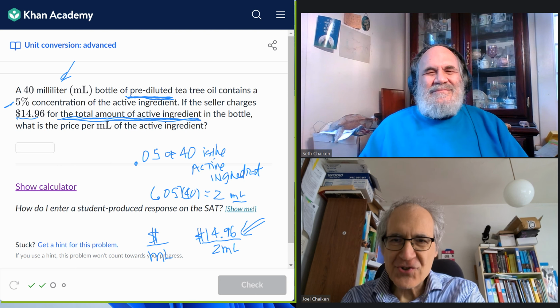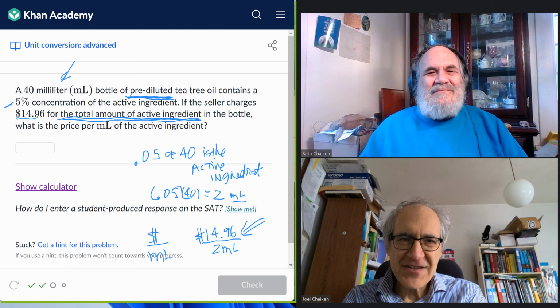But it is a little strange, don't you admit? It is a strangely worded question, to say $14.96 for the total amount of active ingredient. What we are interpreting is $14.96 for the packaged bottle.